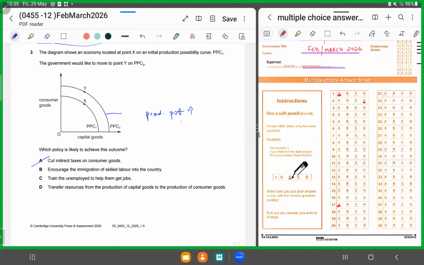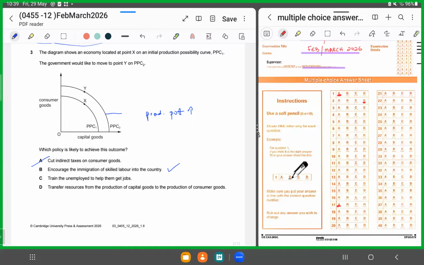We want the productive potential to increase. B says encourage the immigration of skilled labor into the country. Yes, that's the correct answer. We want an influx of skilled people into the country so that more goods are produced.